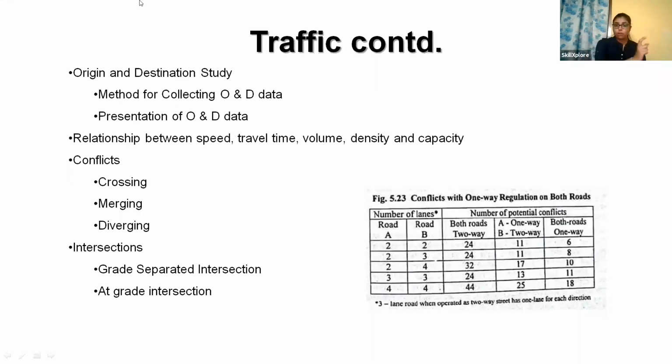Then we can expect 24 conflicts. If road A is 1 way and road B is 2 way, the number of conflicts is reduced from 24 to 11. And if both roads are 1 way, obviously the number of conflicts will be less: 6 conflicts alone. So all these things we will be studying.